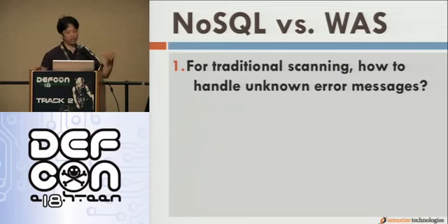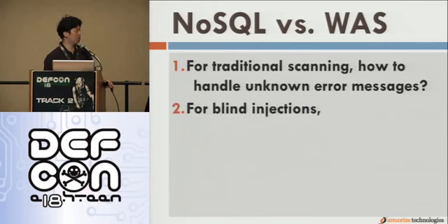But here, as we saw, there's going to be a big wave of new formats of error messages coming out, and how would a web application scanner support all these new error messages?